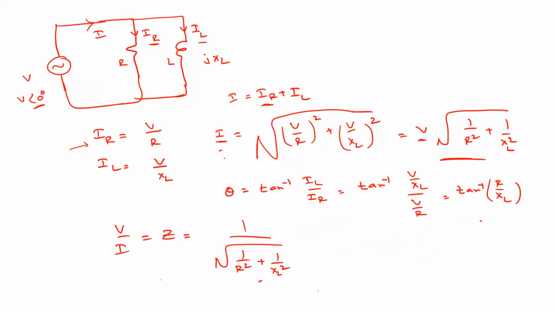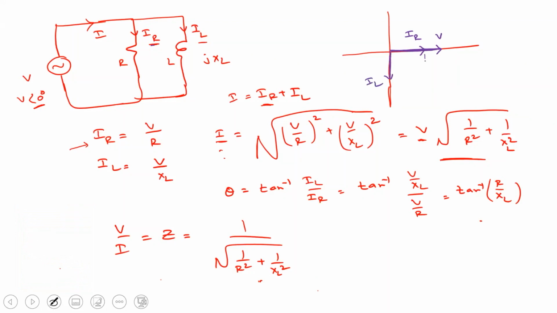So we can draw its phasor diagram. We have two currents here. Let us assume this is the voltage phasor V. IR is in phase with the voltage, so this is IR, and IL is 90 degrees lagging, so this is IL.